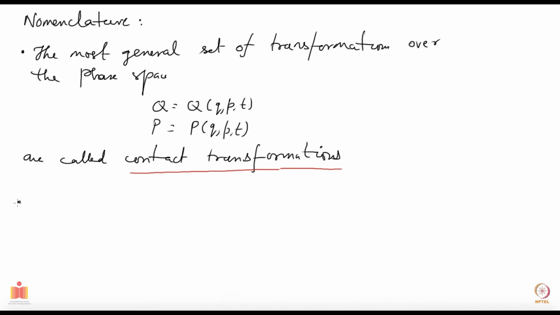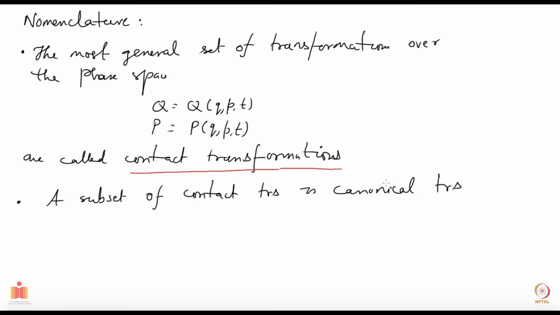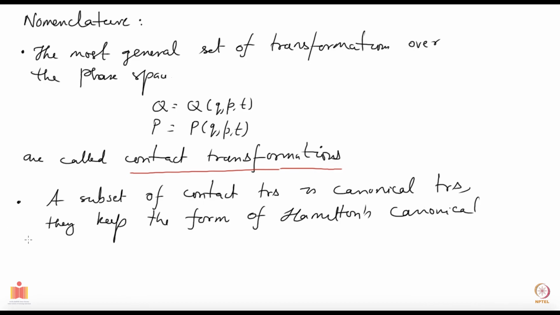So a subset of contact transformations is canonical transformations, and they keep the form of Hamilton's canonical equations unchanged.